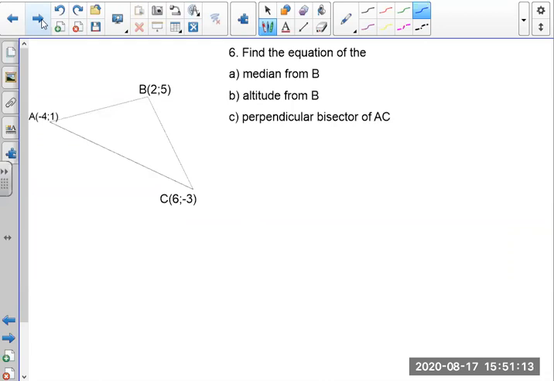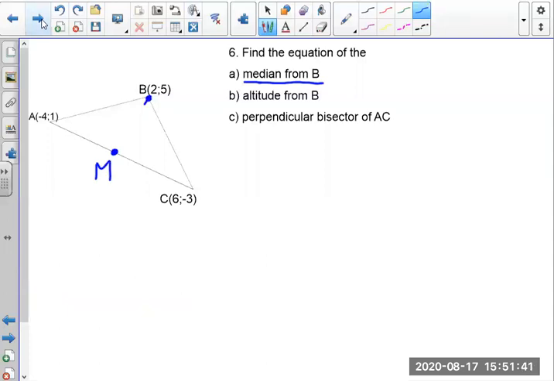Triangle ABC, the coordinates of the three vertices are given. Find the equation of. Now number A says the median from B. So what did we say? From that vertex, median means to the midpoint of the opposite side.